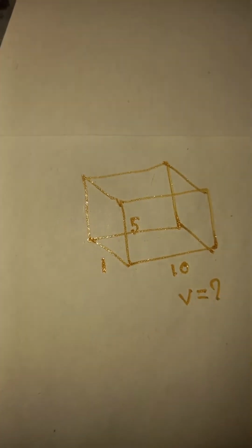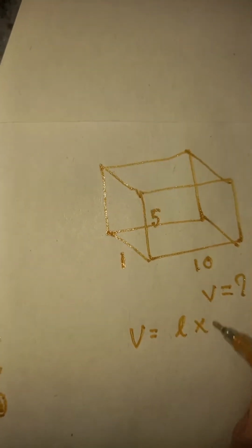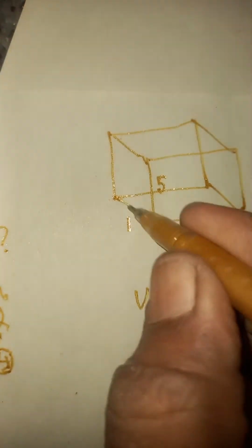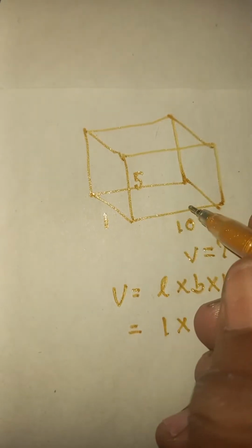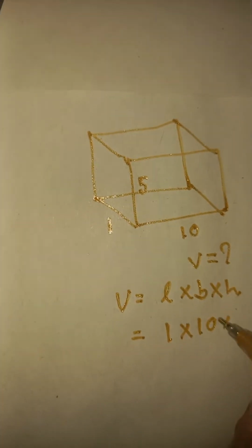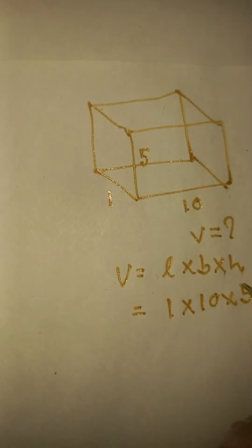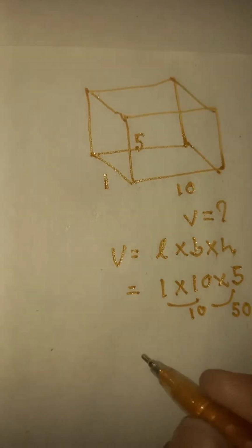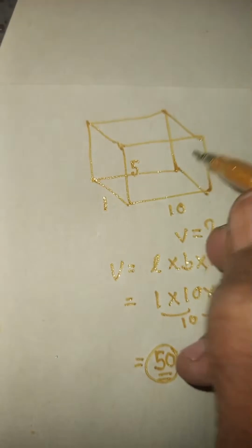Volume of the cuboid is length times breadth times height. This is the length, which is 1 unit, times the breadth, which is 10 units, times the perpendicular height, which is 5 units. 1 times 10 is 10, 10 times 5 is 50. So 50 cubic units is the volume of this cuboid.